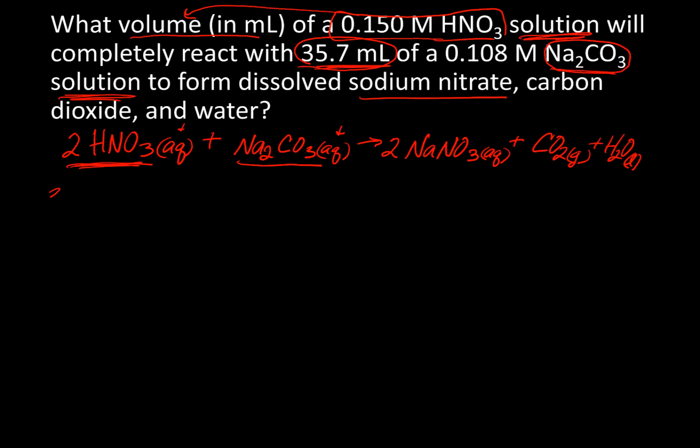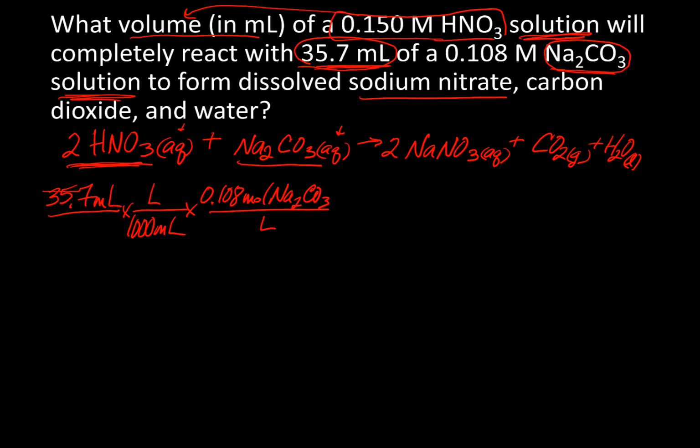So I'm going to do that. I'm going to start with the 35.7 milliliters of the sodium carbonate. I'm going to immediately convert to liters because I want to be able to use the molarity as a conversion factor. So here's the molarity of the sodium carbonate per liter.